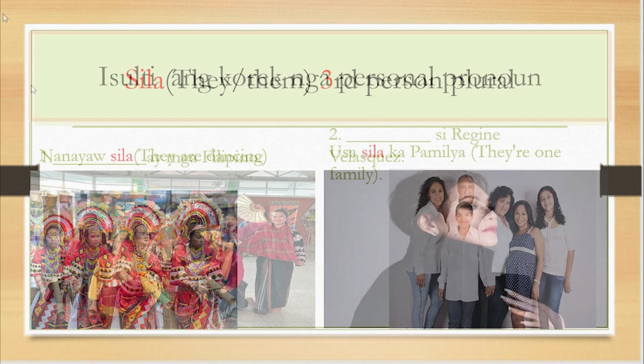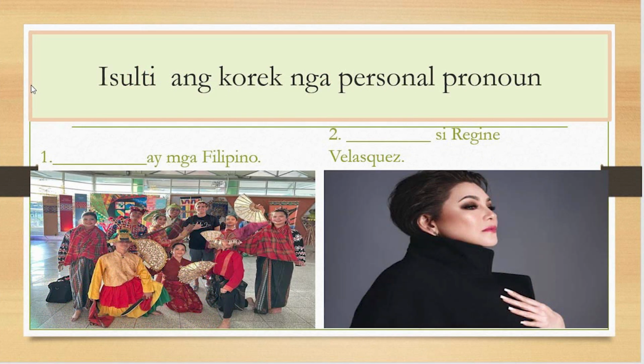Okay, moving on to the practice na takaron. Isulti ang correct nga personal pronoun. Number one: kani siya, usa ni siya ka... If we look at the picture, makita nato ni siya nga plural.